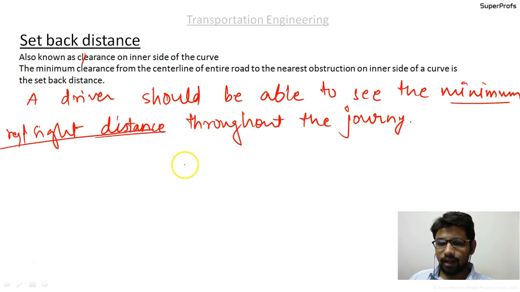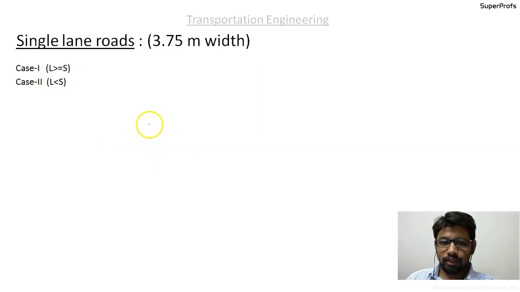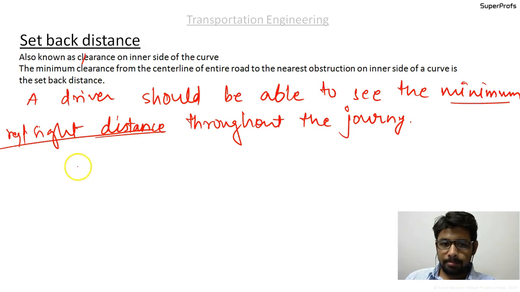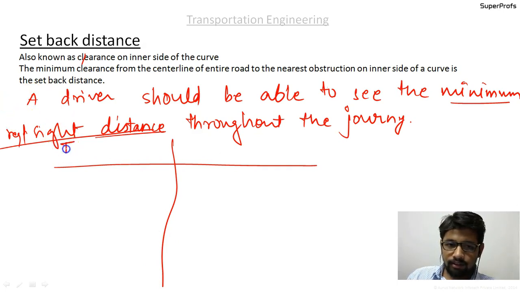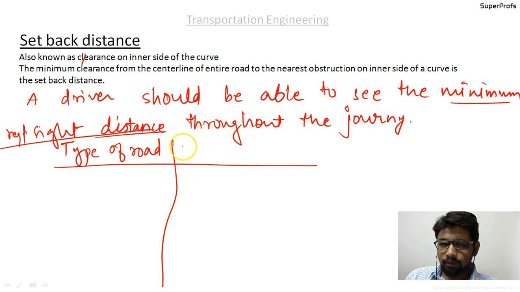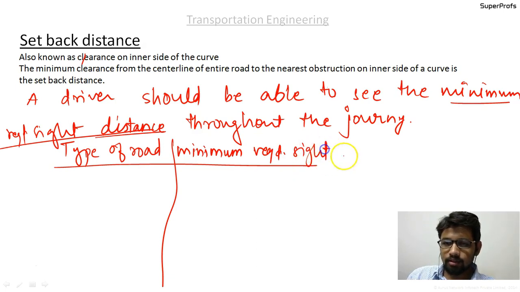Okay, just to give you an example, make two columns. In the first column write the type of road, and in the second column the minimum required sight distance.